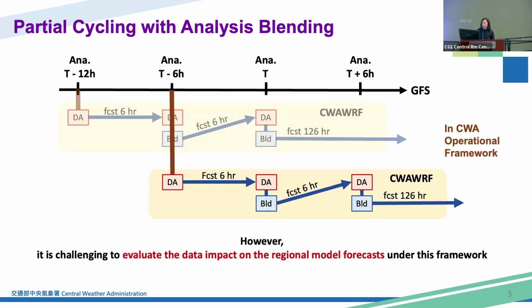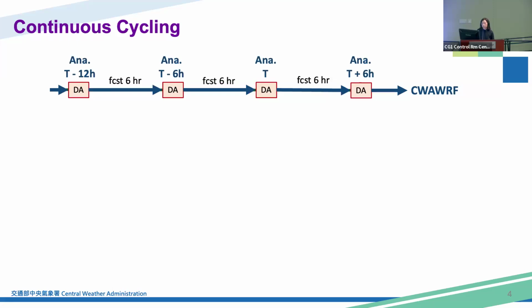With this operational framework, it is difficult to evaluate the specific data impact in the regional model, since our model is heavily affected by the global model. So in our research, we try to use a continuous cycling data assimilation strategy, which means our system continues doing the data assimilation and then makes a forecast directly without the analysis blending.